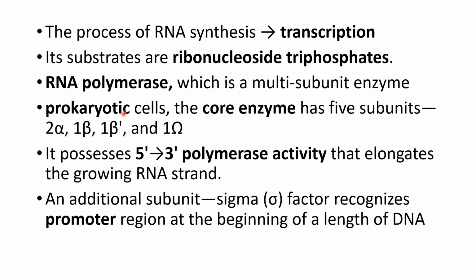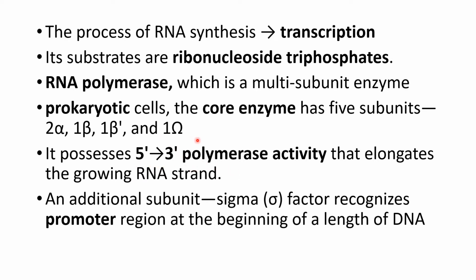Beta prime is responsible for template binding, and the beta subunit is responsible for the 5 prime to 3 prime polymerase activity. The synthesis of RNA is always in the 5 prime to 3 prime direction. The polymerase enzyme always reads the DNA template in the 3 prime to 5 prime direction, but it synthesizes the RNA in the 5 prime to 3 prime direction.